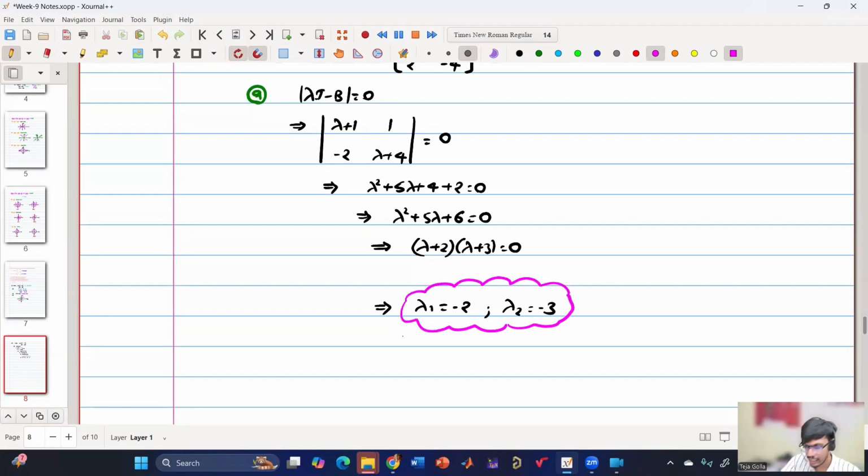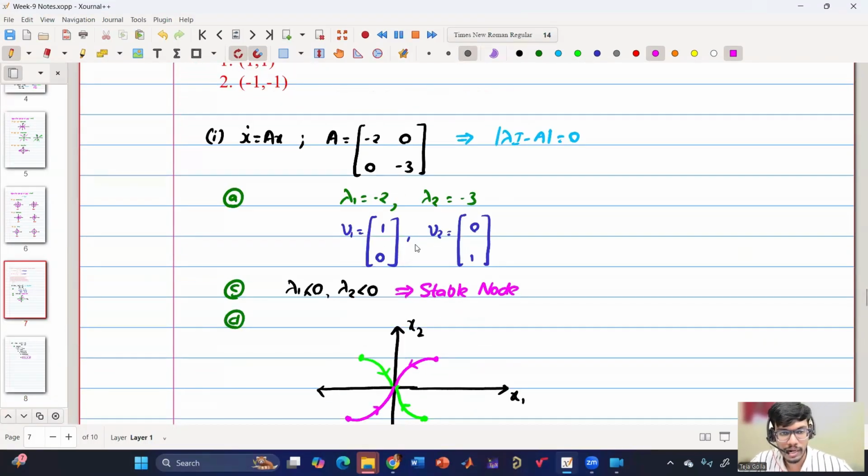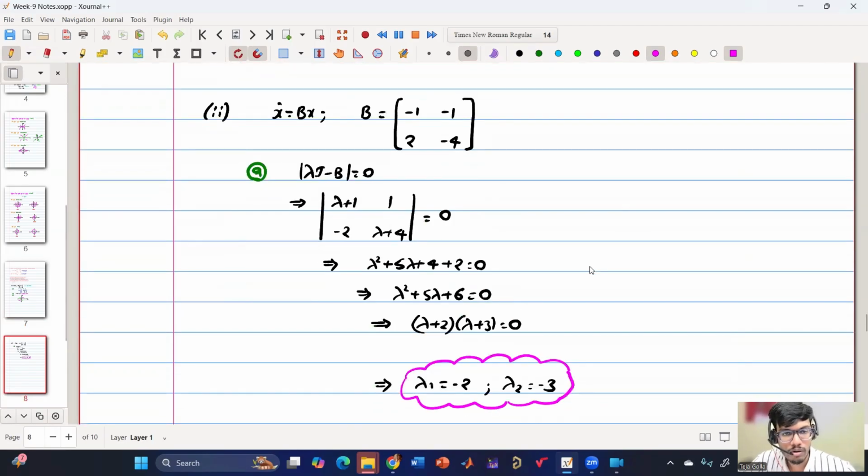So now we are going to calculate the eigenvectors. So what do you think, whether the eigenvectors of this problem and this problem are same? Since the eigenvalues are same for both the matrices, will the eigenvectors be same or will the vectors be different? Can you calculate and let me know whether you are getting same eigenvectors as the previous case or different?